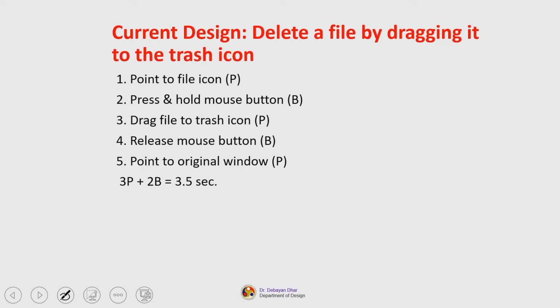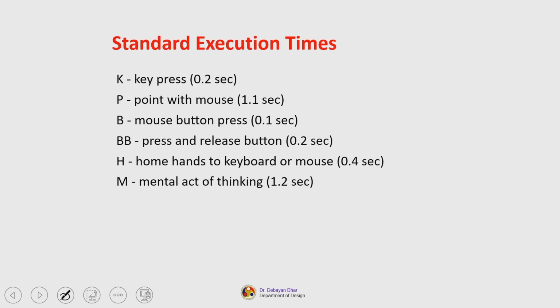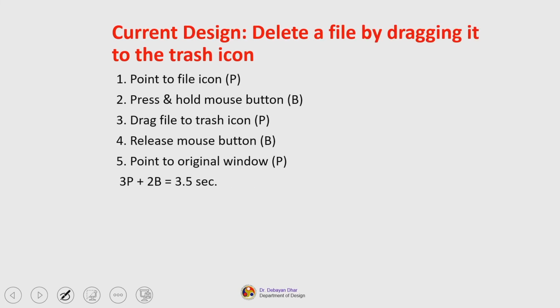First, point to the file icon, this is P. Press and hold the mouse button, that is B. Drag the file to the trash icon, P. Release the mouse button, B. Point to the original window, P. So you have 3 P's and 2 B's, which will come to 3.5 seconds. That is how we calculate the estimated execution time.